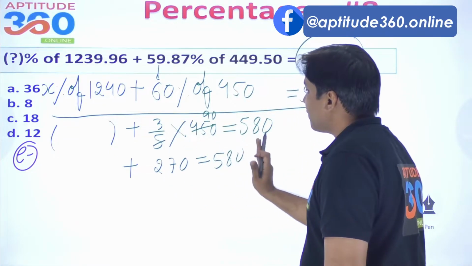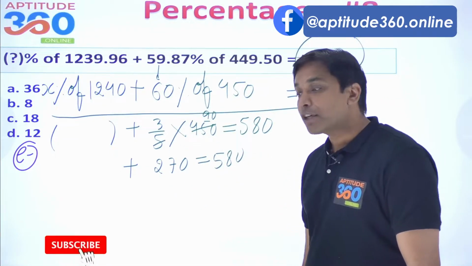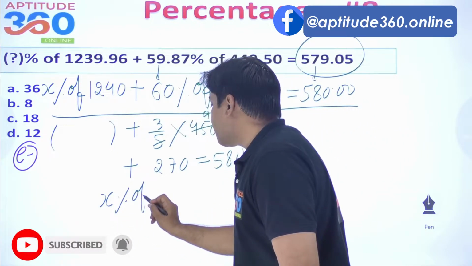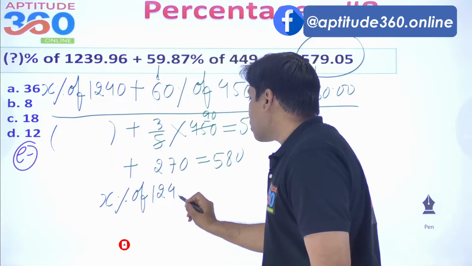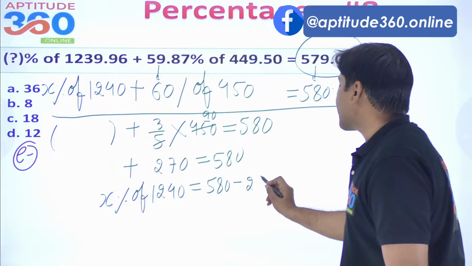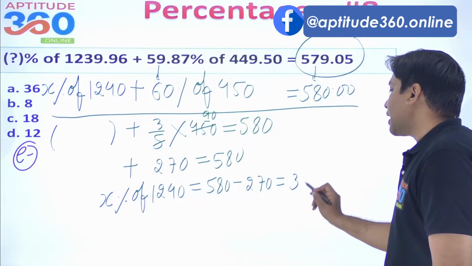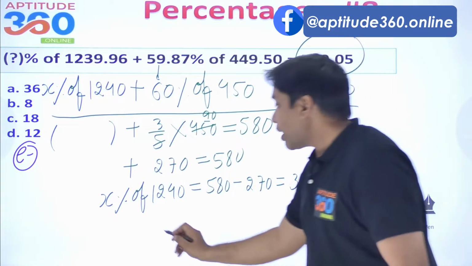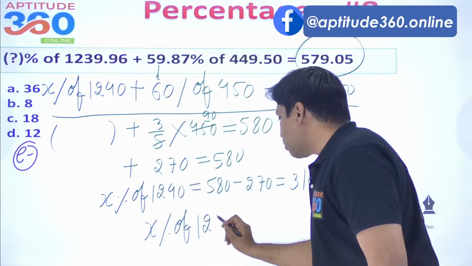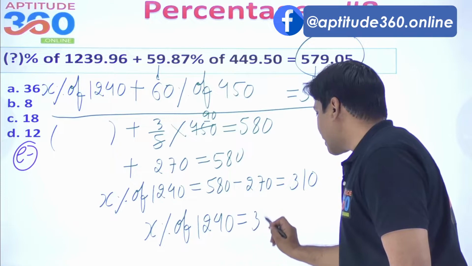So if 270 goes to the other side of the equality, you have x percent of 1240 equal to 580 minus 270, which is nothing but 310, right? So x percent of 1240 is equal to 310.